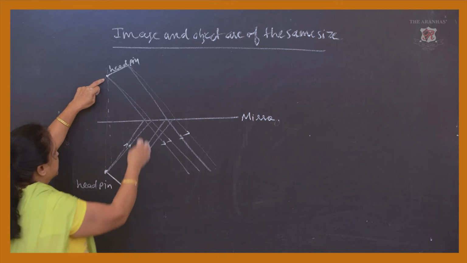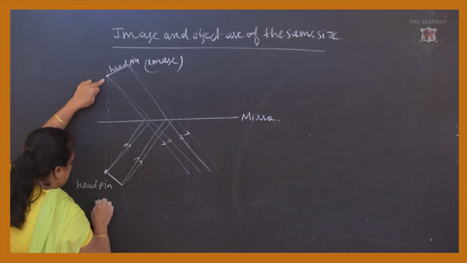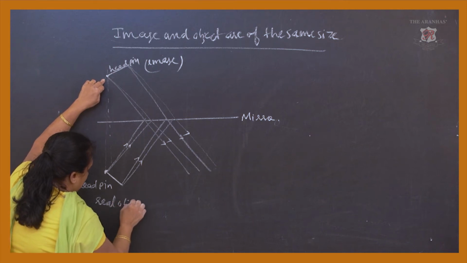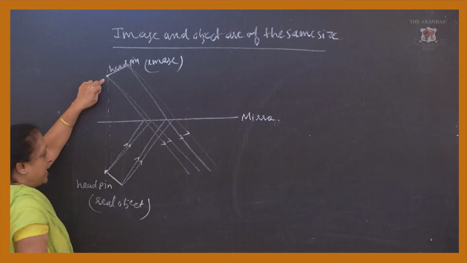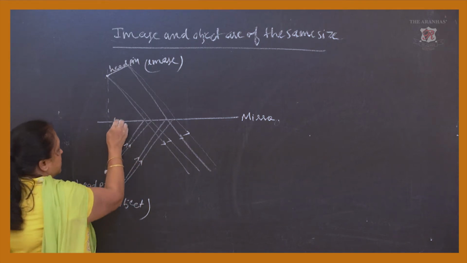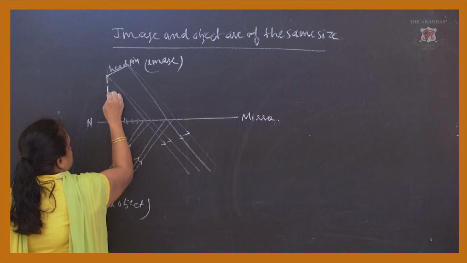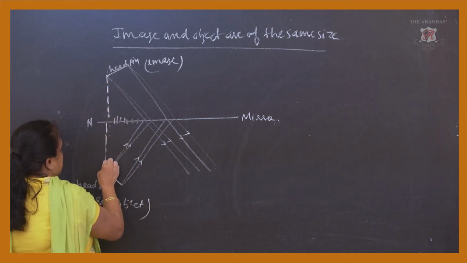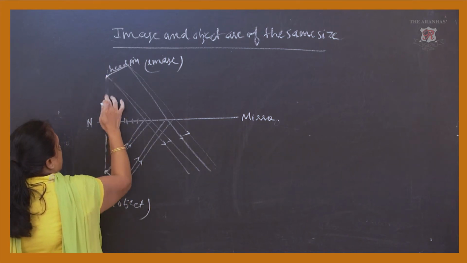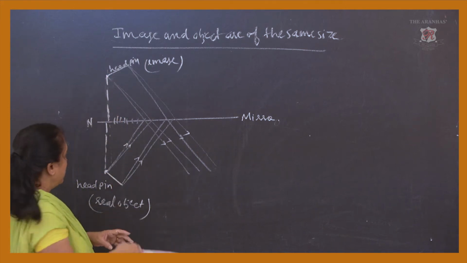This is the image, and this is the real object which is placed in front of the mirror. This is a mirror, and this you can call a normal. If you want, you can just draw the imaginary line.